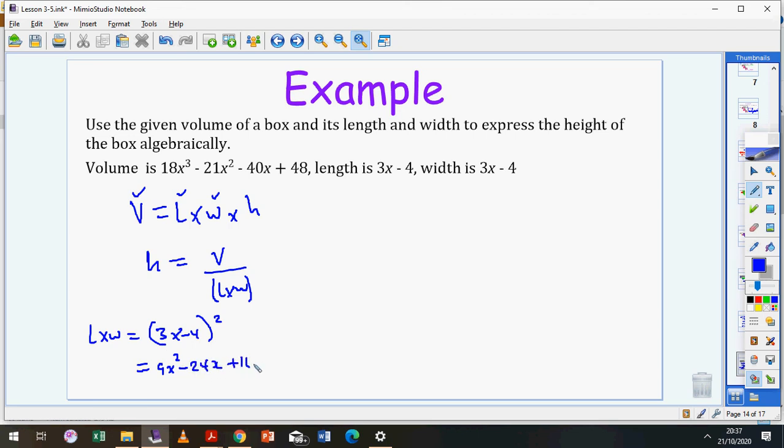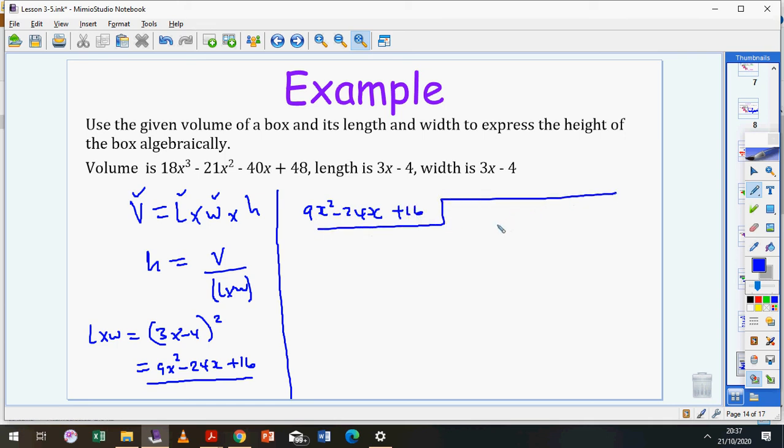So I want to divide the volume by this expression, which is length times width. So I start my long division. The divisor is 9x squared minus 24x plus 16. The dividend is the expression for volume, which is 18x cubed minus 21x squared minus 40x plus 48.